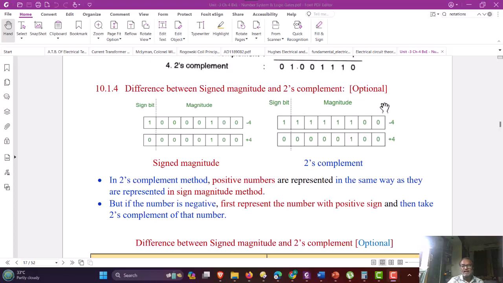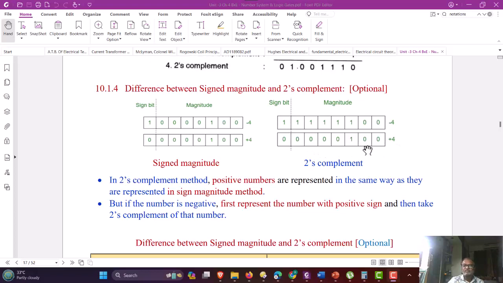The only difference is that here the magnitude 100 corresponds to magnitude 4, but in 2's complement number, for a negative number, when the sign is 1, this 1 is extended, and therefore all bits after the B2 position, that is B3, B4, B5, B6 and B7, are extended indications of the sign bit.